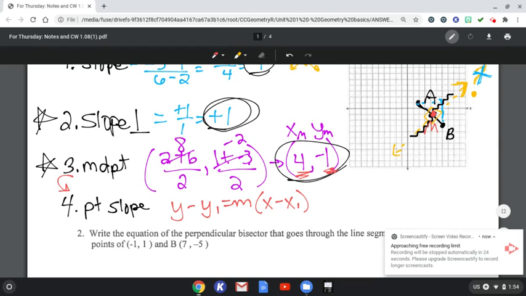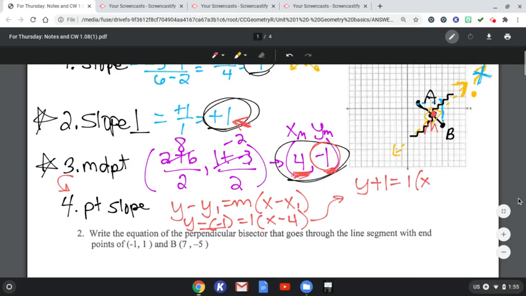So our substitution will say y minus -1 equals that slope perpendicular, +1, times x minus this x value of 4. If I clear that up, it says y plus 1, because minus the negative becomes plus, equals 1 times x minus 4.